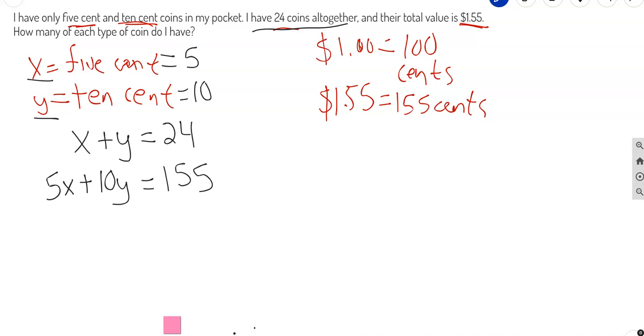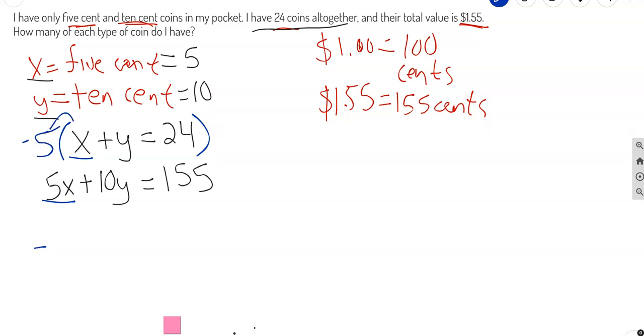Now step 3, we need to solve the equations. If we look at these equations, they are not ready to be solved yet. Elimination, substitution, graphing. To me, I think the easiest one that we can do is elimination. And what I see right here is I can turn this x really quick into a negative 5x. So let's multiply the top equation by negative 5, and we'll rewrite.